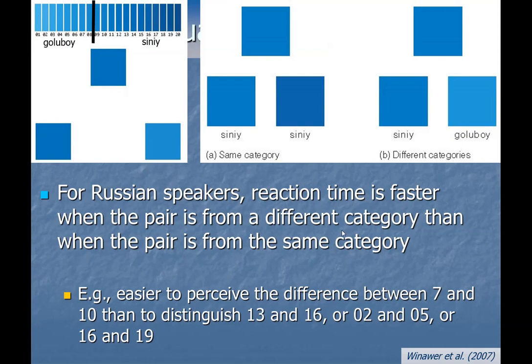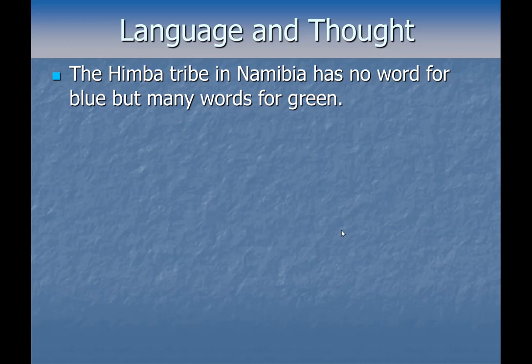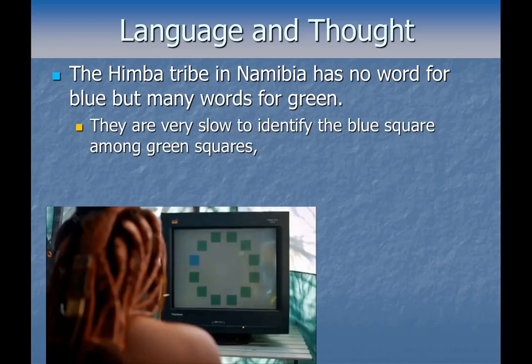Their perception doesn't change. Another example in the same kind of literature is there's a tribe in Namibia that has no word for blue, but actually has lots of different words for green. So they live in a forested area, and so they distinguish lots of different greens in their language.